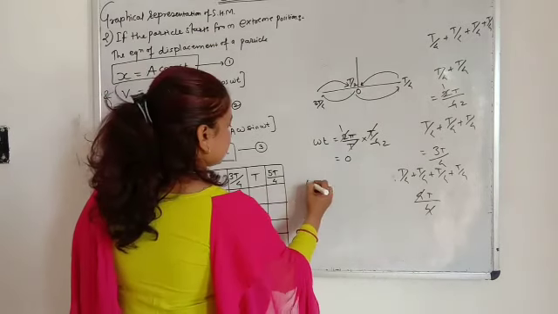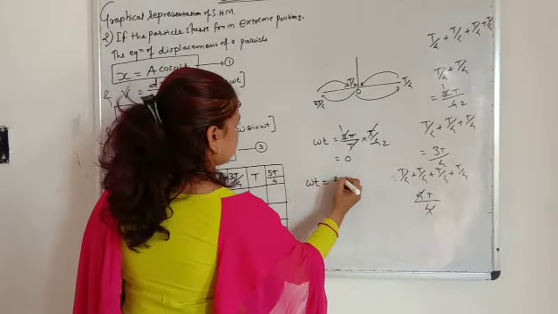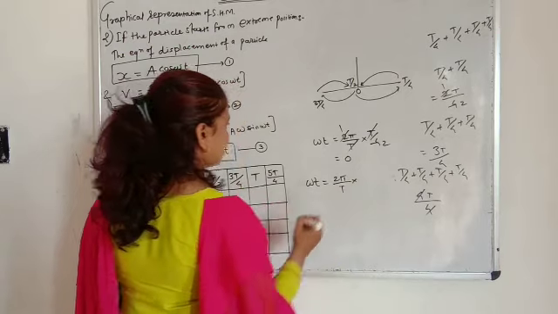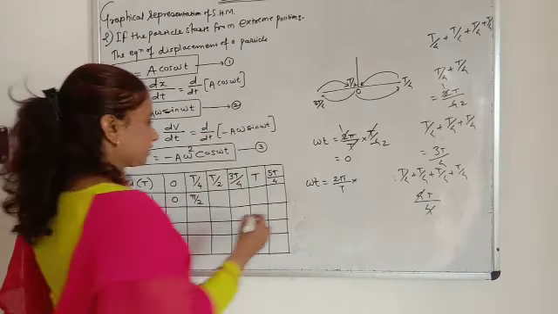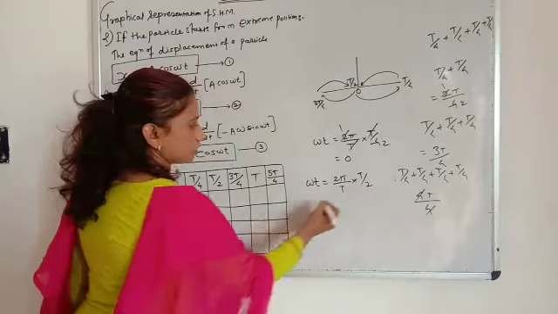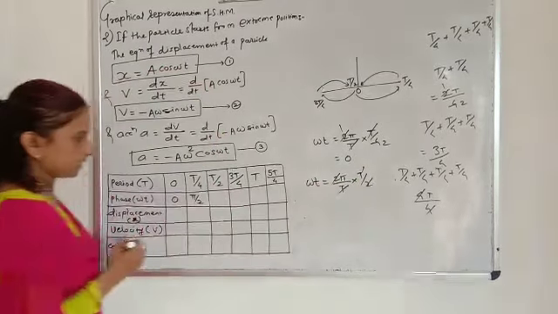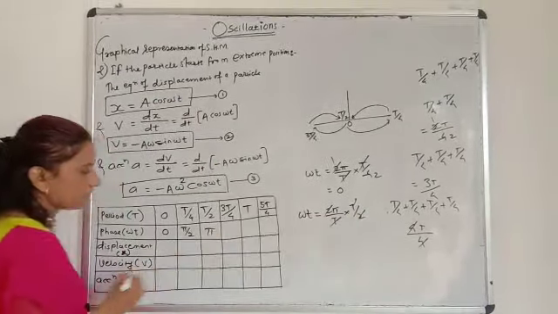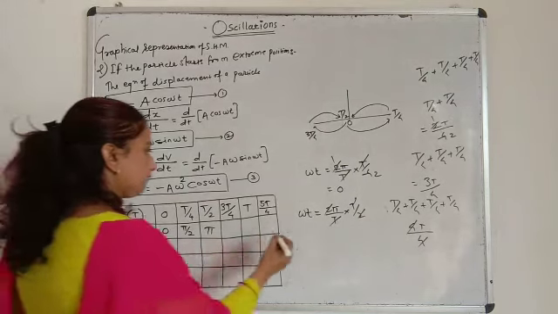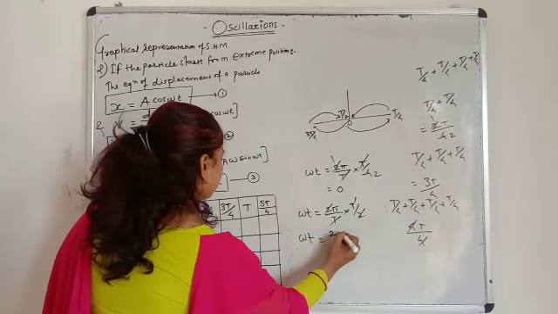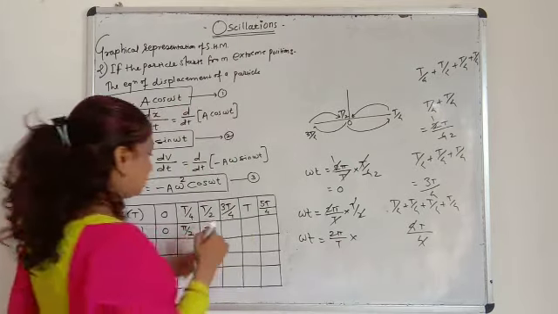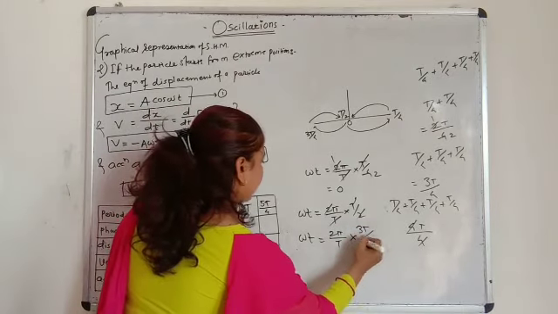Then the phase becomes omega t equals to 2 pi upon T here, and periodic time becomes T by 2 here. So T gets cancelled and 2 gets cancelled here. So only pi phase. Then again phase becomes omega t equals to 2 pi upon T into 3T upon 4.